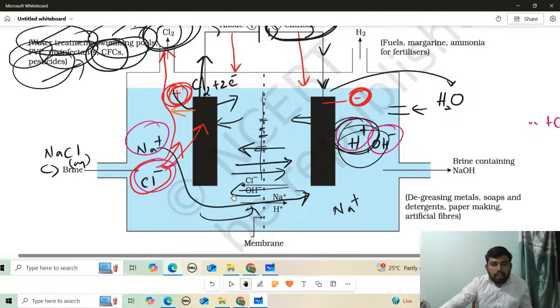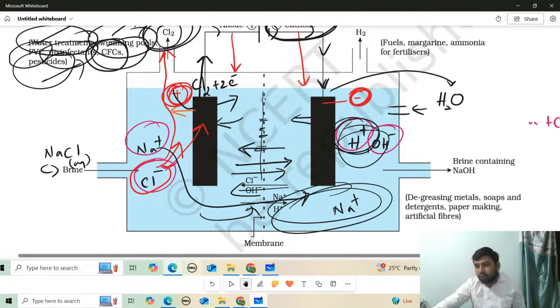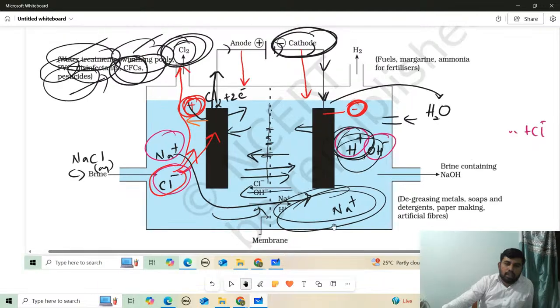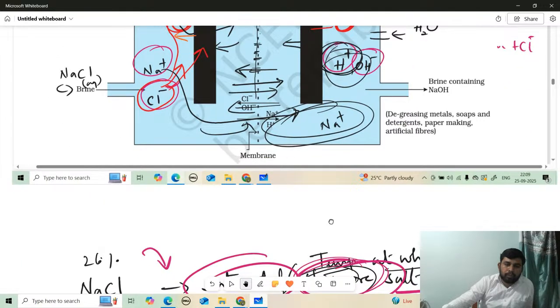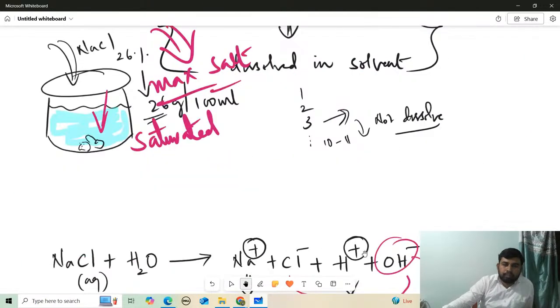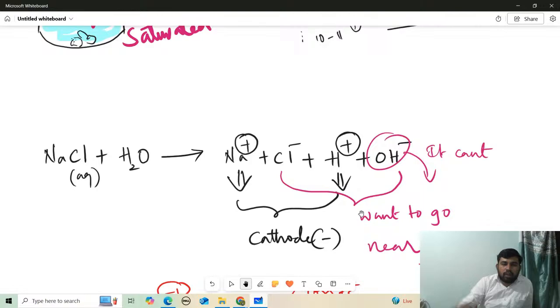Now, similarly, Na plus ions will come near the cathode, and they will interact with OH minus ions and form NaOH near the cathode. Now try to understand here. There is a chance of mixing of these ions, no?